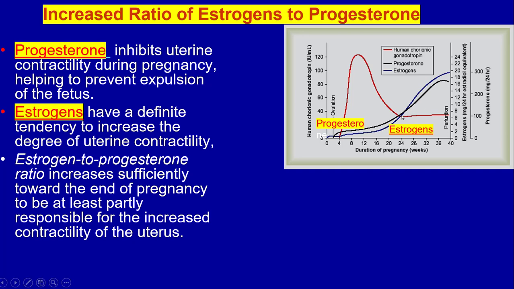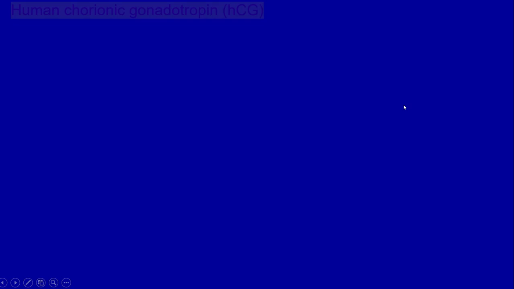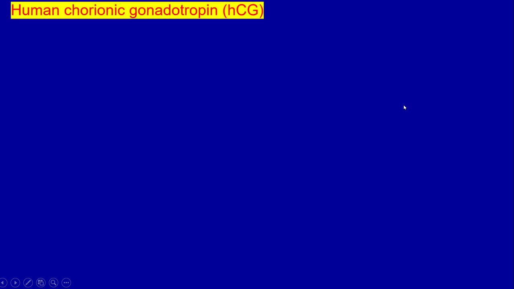So with the passage of time in pregnancy, the ratio of estrogen and progesterone changes. The concentration of progesterone decreases and the concentration of estrogen increases, and this is one hormonal cause of contraction of the uterus.